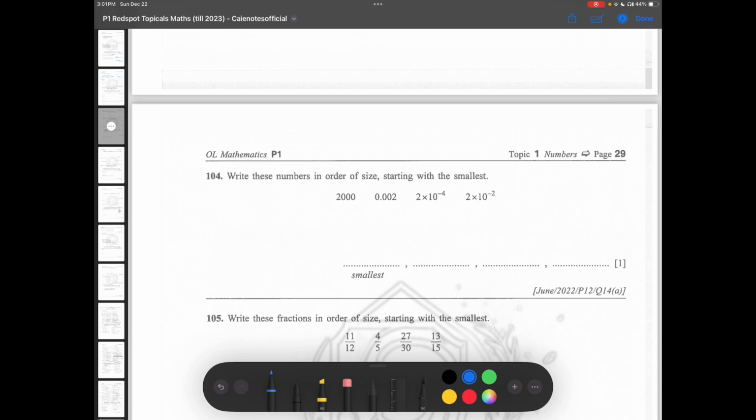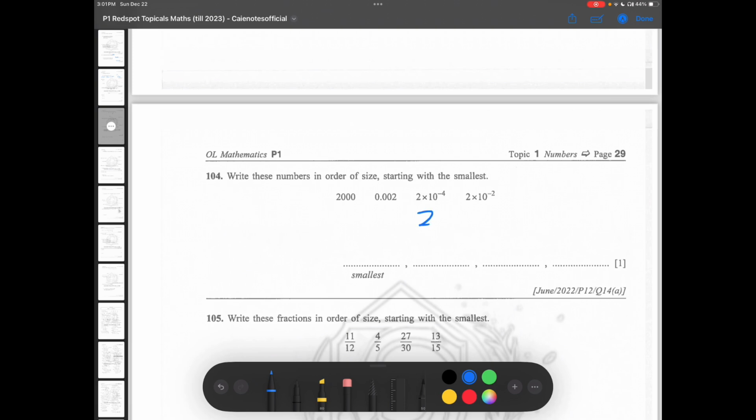Write down the numbers in order of size, starting with the smallest. So we have 2000, 0.002, and these two numbers have been written in standard form. So let's convert the third one and fourth one into decimals. It says 10 to the power minus 4. Whenever any number is multiplied with 10 and has a negative power, you have to move the decimal backward.